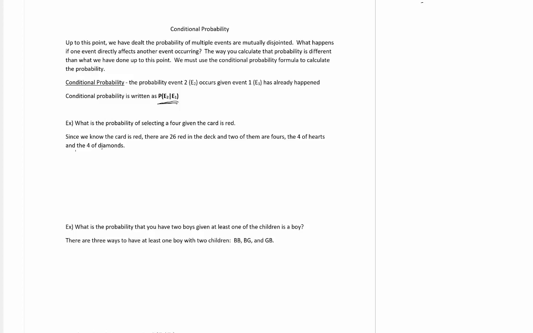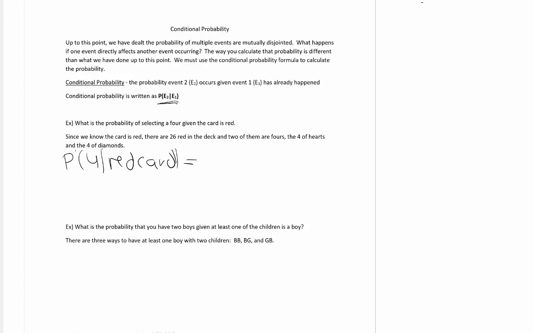What is the probability of selecting a 4 given the card is red? So we know the card is red. There are 26 red cards in a deck, and 2 of them are going to be 4s. So we're asking for the probability of a 4 given the card is red.